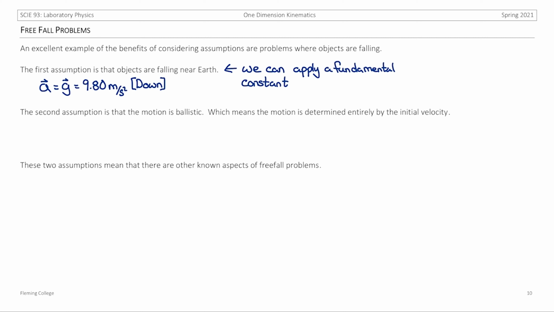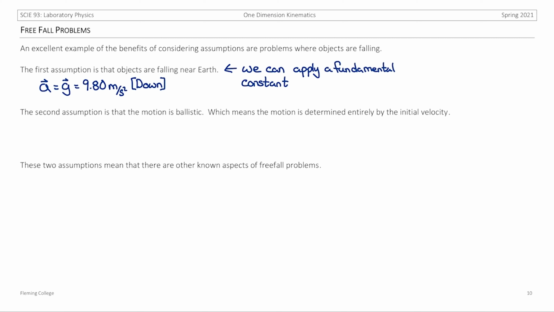A little bit of an aside here, that value actually changes based on some pretty complex calculations for how far away from the center of Earth your center of mass is, but it's generally accepted to take this value of 9.80 in our region of the world.